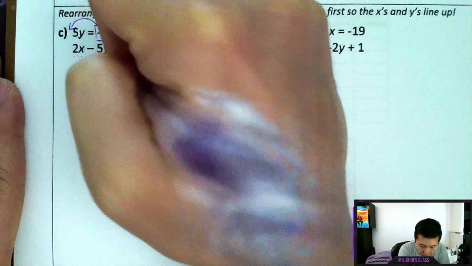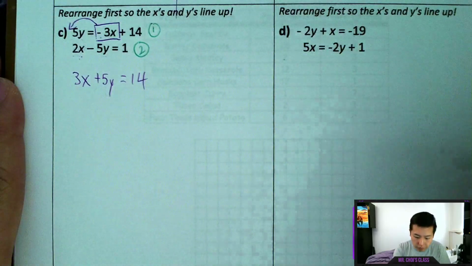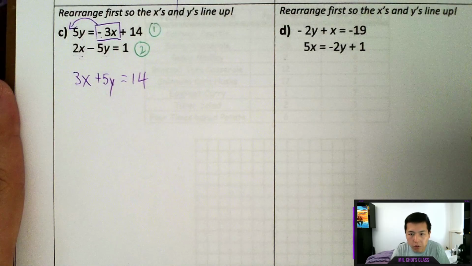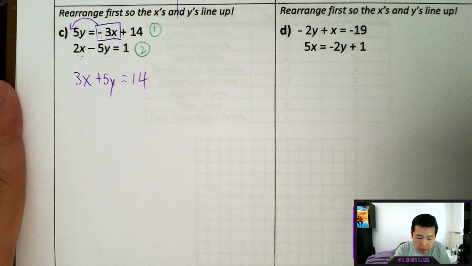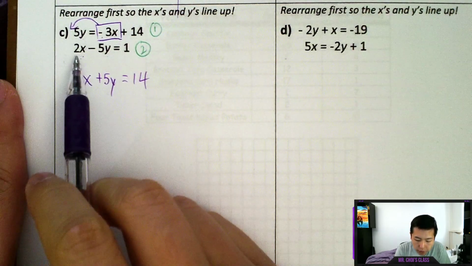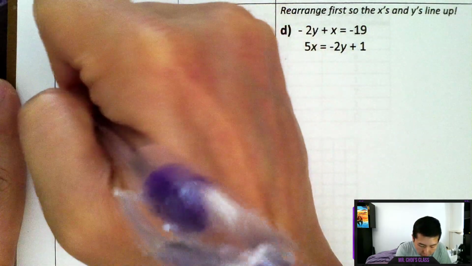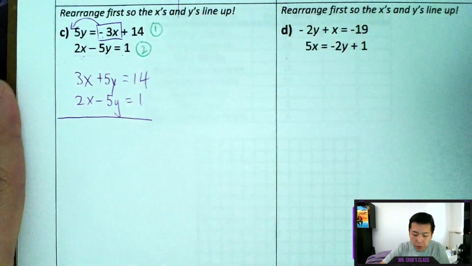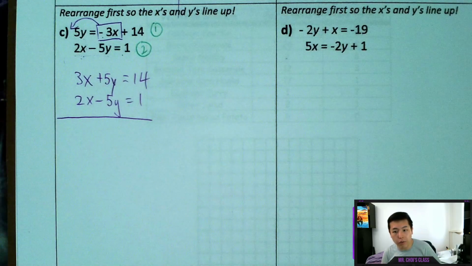Then equals 14. So 3x plus 5y equals 14. Then we have 2x minus 5y equals 1. We're going to write that down because that should not change. And there we have our rearranged equations that we can solve for.